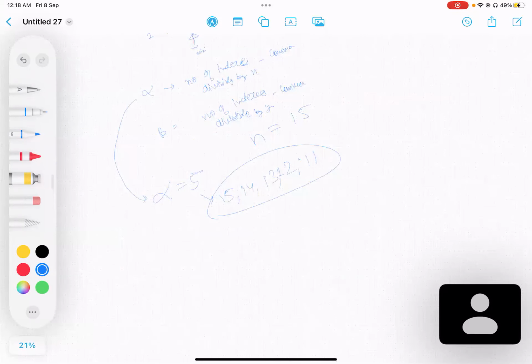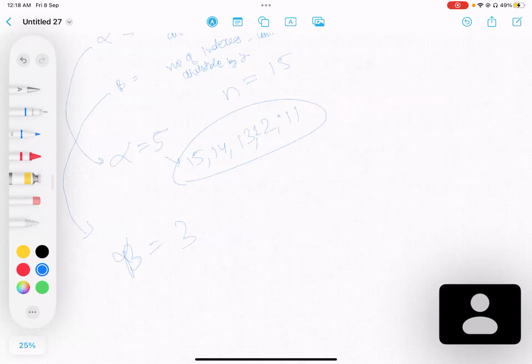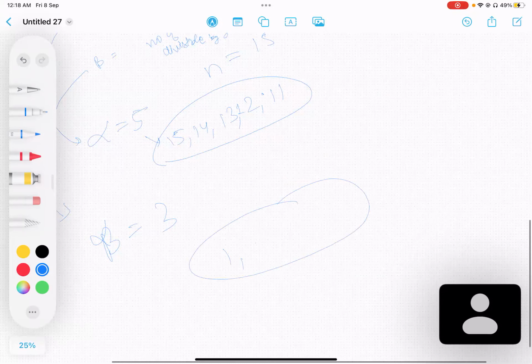And let's say your beta is equal to 3, so we will give 1, 2, 3 to those beta indexes. This is basically what the logic part is. Is this much clear to all?